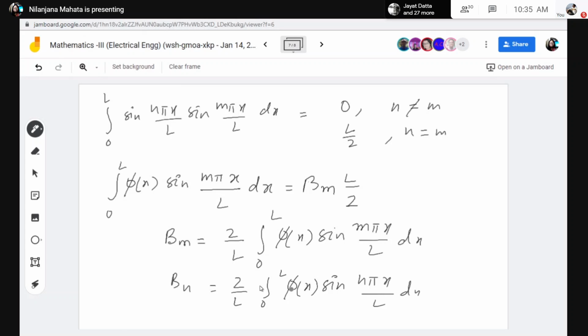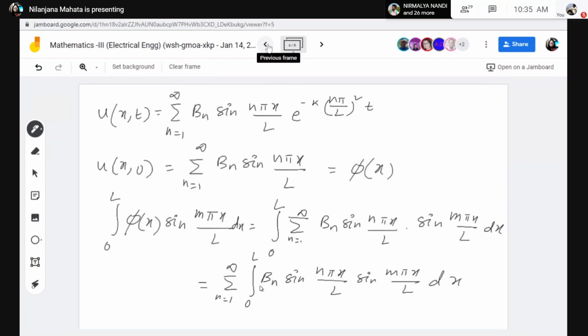So for a given problem, your phi(x) will be given, and you will find out your b_n corresponding to it. Then you will put this b_n in the solution and you will get your result.